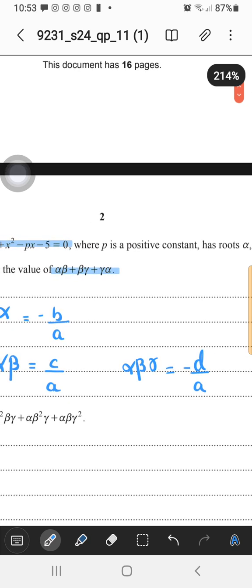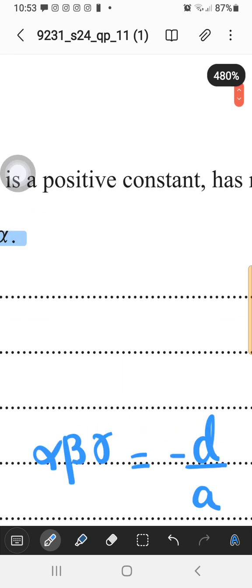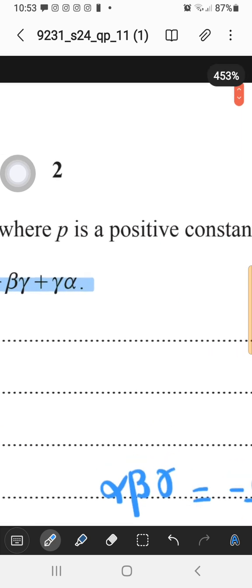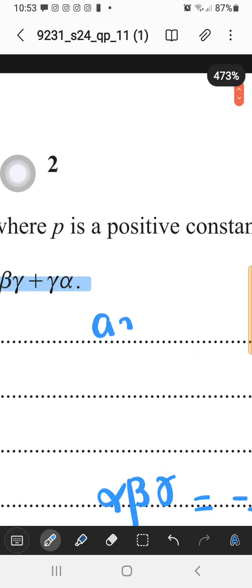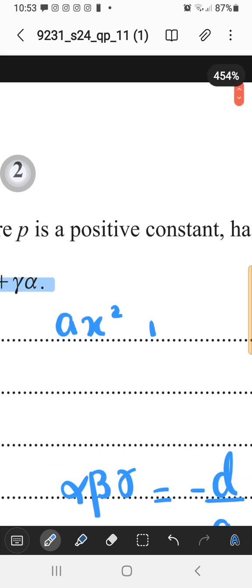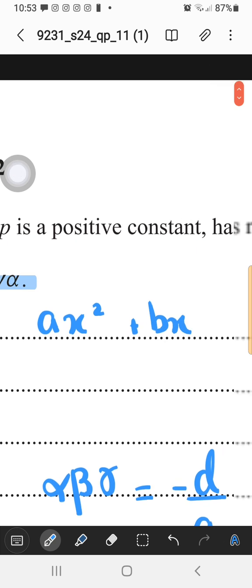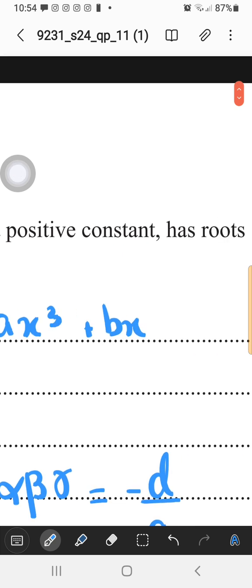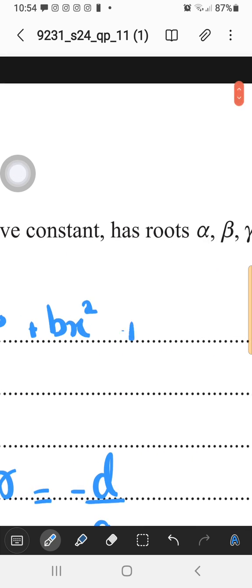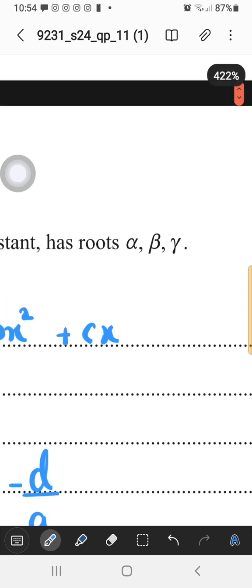So we have to go with these formulas, and we know what a, b, c and d are. This is like this: ax cube plus bx square plus cx plus d equal to 0.